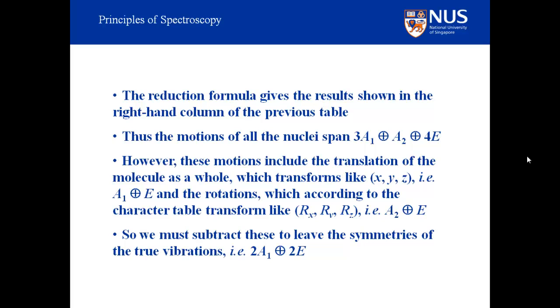So if we started off with 3a1 plus a2 plus 4e for the 12 displacement coordinates, and we take away a1 plus e for the translations and a2 plus e for the rotations, we are left with 2a1 and 2e as the symmetries of the true vibrations.